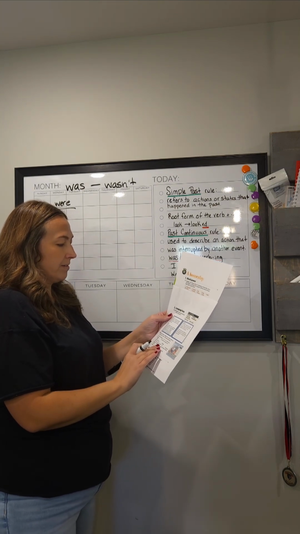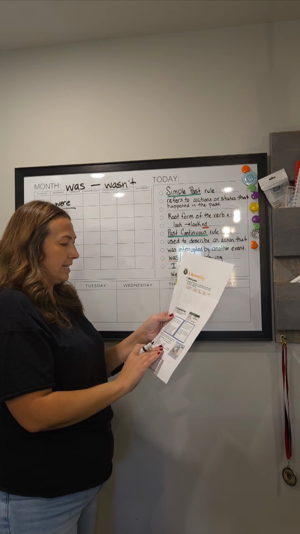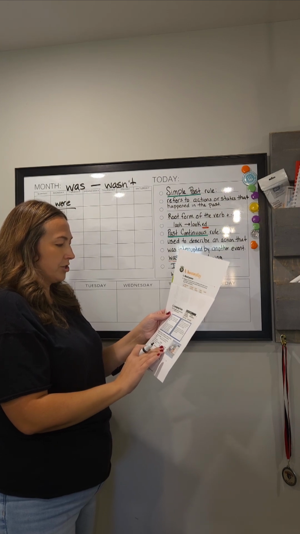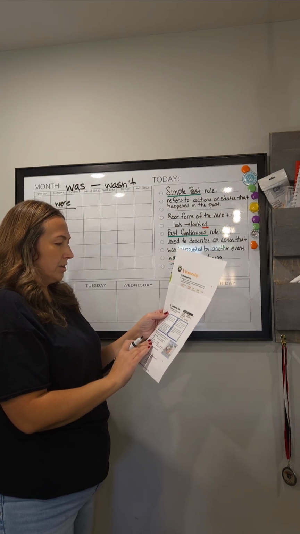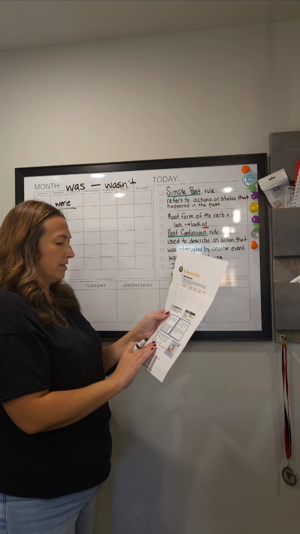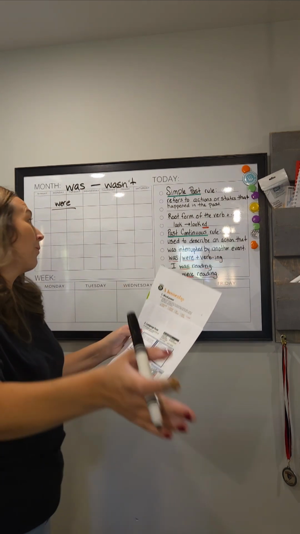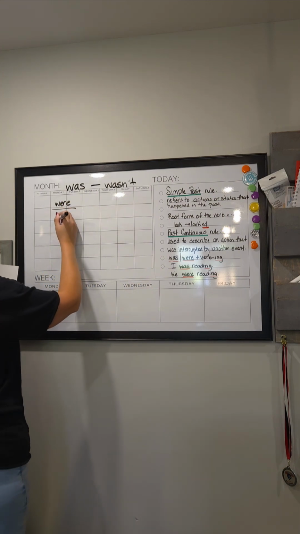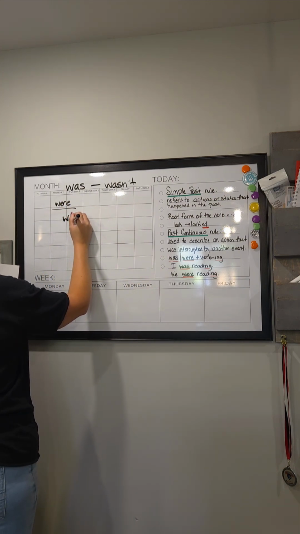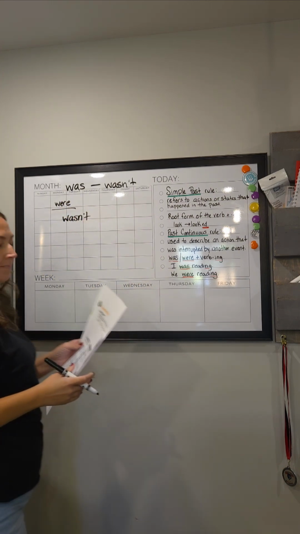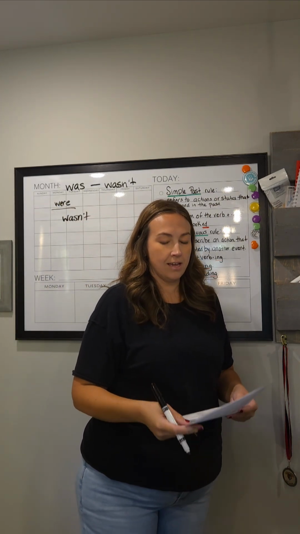Charlie's Spanish was good, so he blank frustrated. Charlie's Spanish was good, so he wasn't frustrated. Good job. That's excellent. You guys are definitely catching on to the was and the weren't.